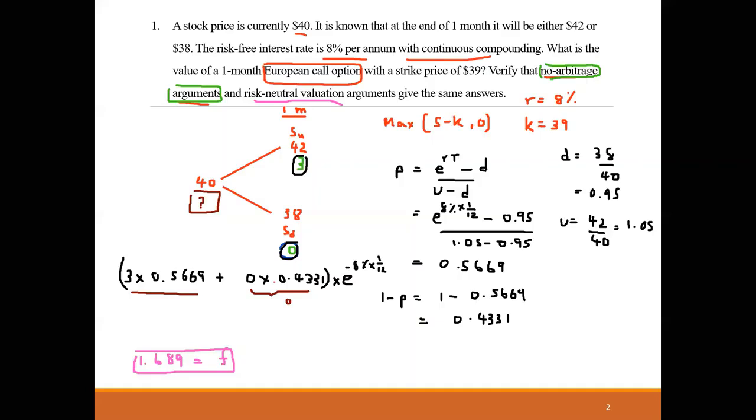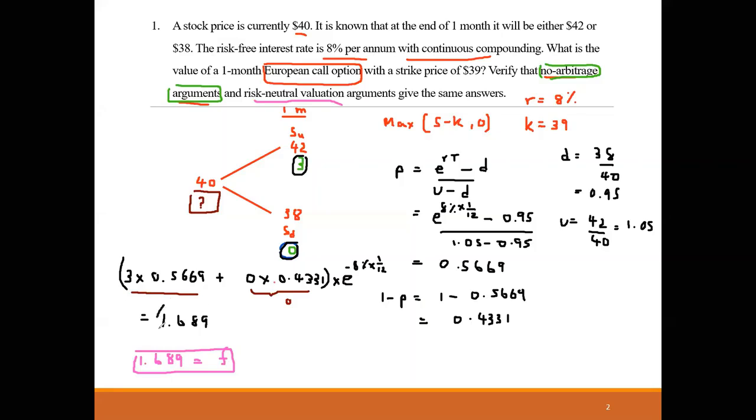If you all have any questions, please ask and clarify. In fact, if you calculate this, you should get the same answer that you got earlier, which is 1.689. Whether you use the no arbitrage argument or the risk neutral valuation, you should get the same answer.